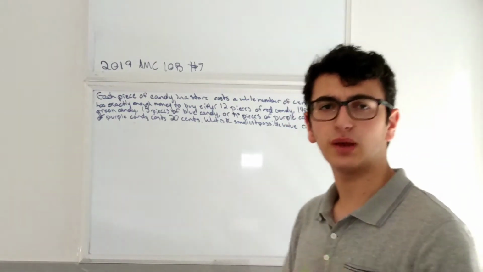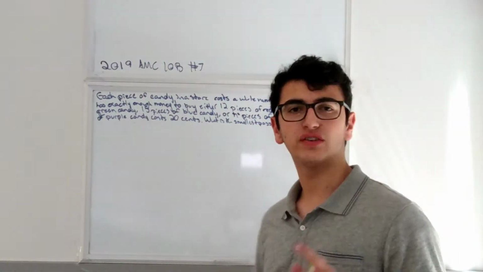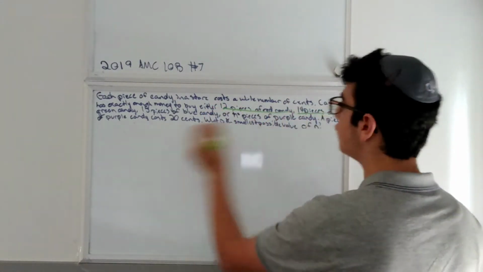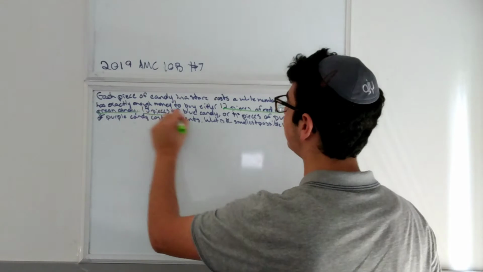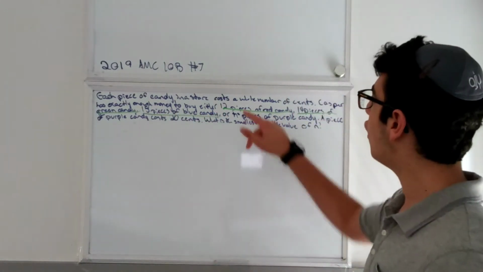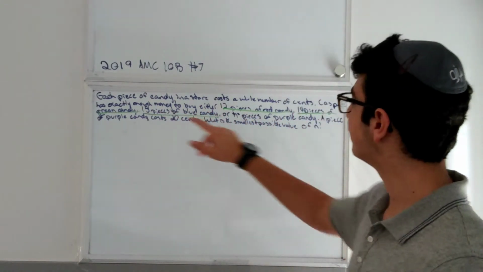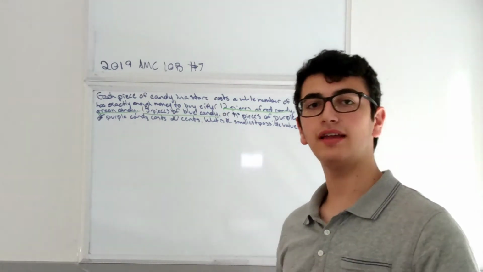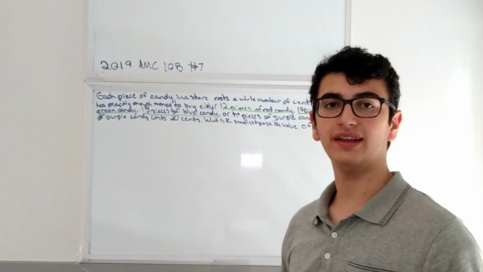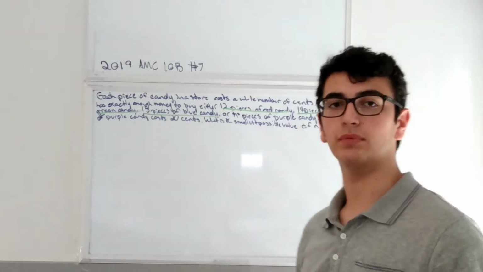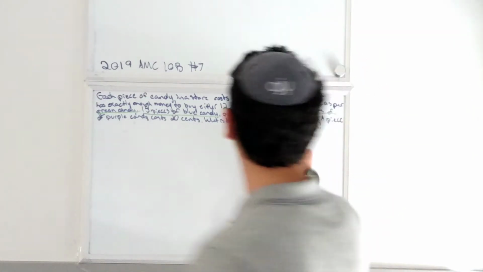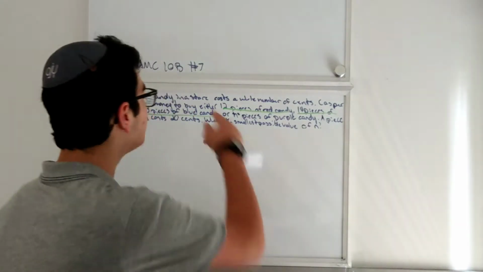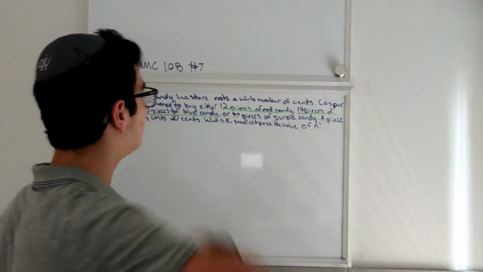So after you read this question a few times, realize that you're going to start this problem by using 12 pieces of red candy, 14 pieces of green candy, and 15 pieces of blue candy. Because all of those, when divided by the amount of candy they're getting, have to be a whole number. So I know that the minimum amount of money that Casper brought in has to be divisible by 12, 14, and 15.